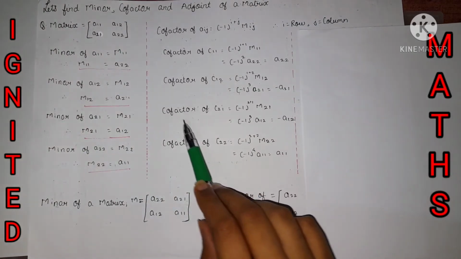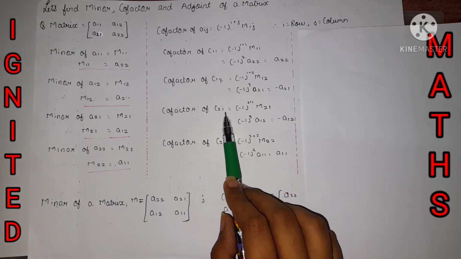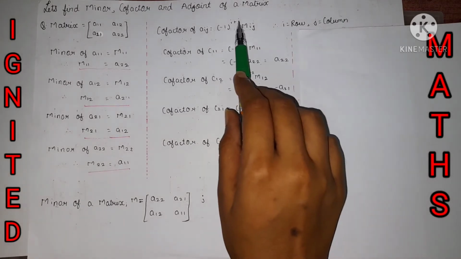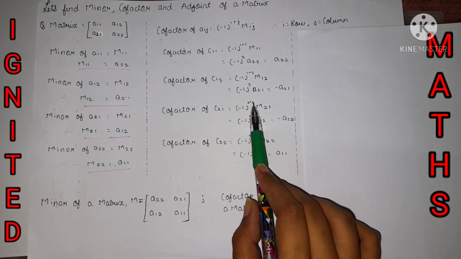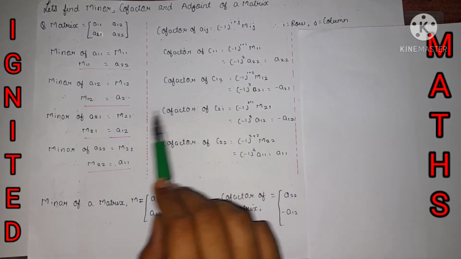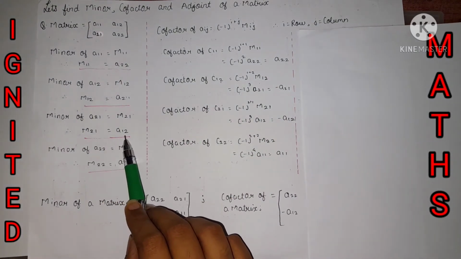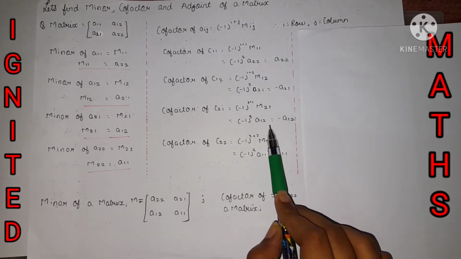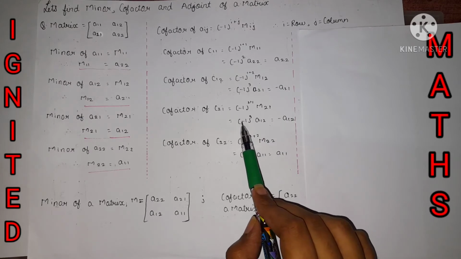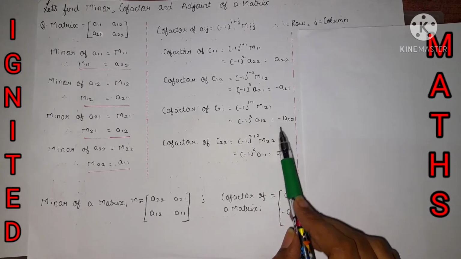Now the third element, the cofactor of C21, second row first column: (-1) raised to i plus j times M21, and the M21 value is equal to A12. We got the answer as minus A12, because minus 1 raised to the cube is minus 1.